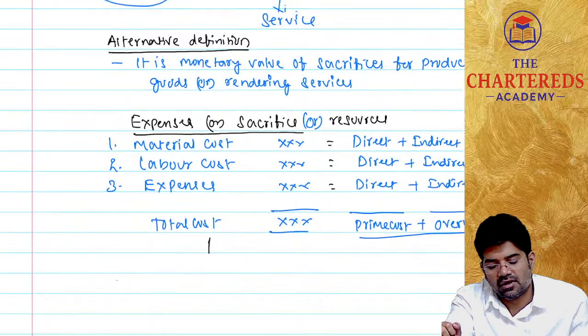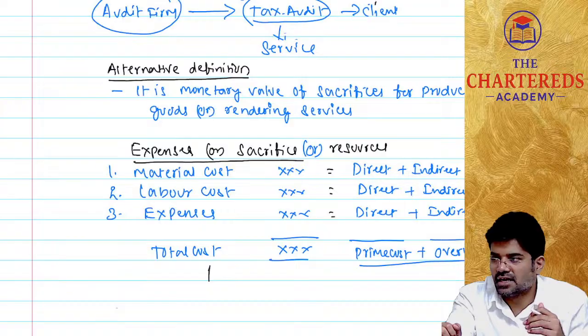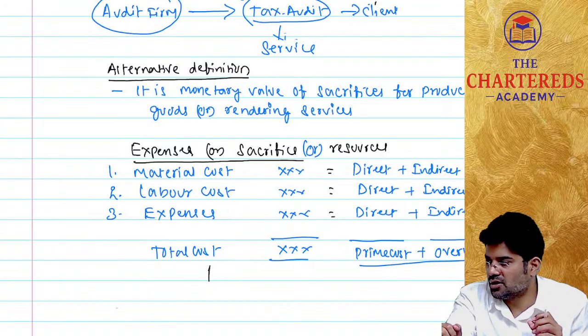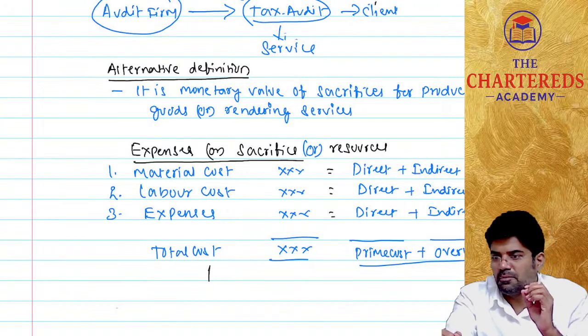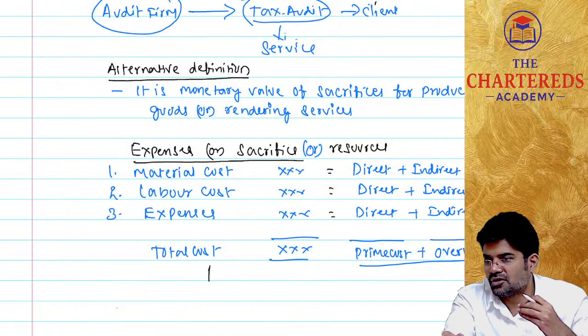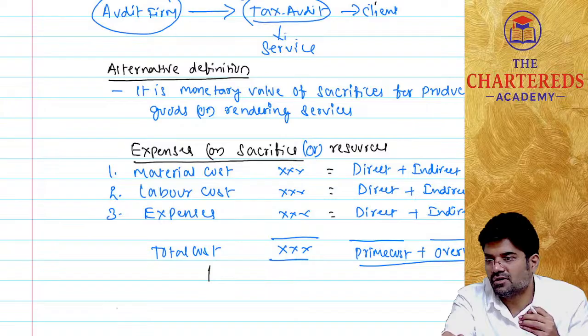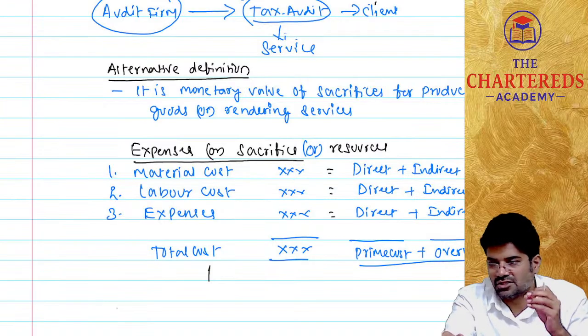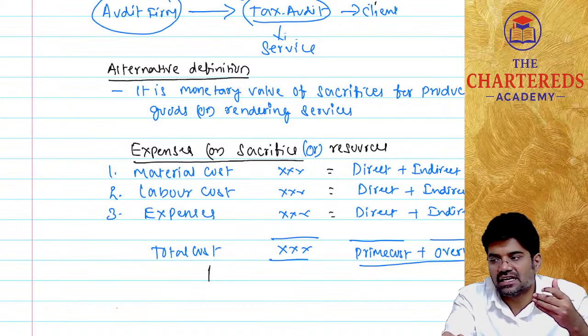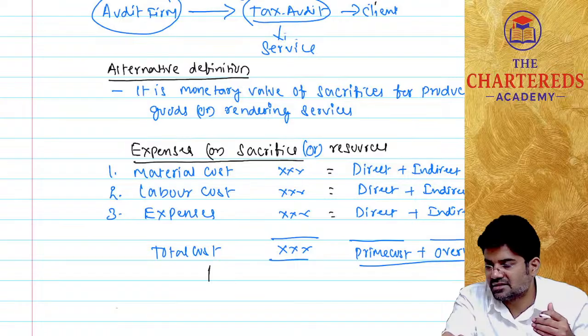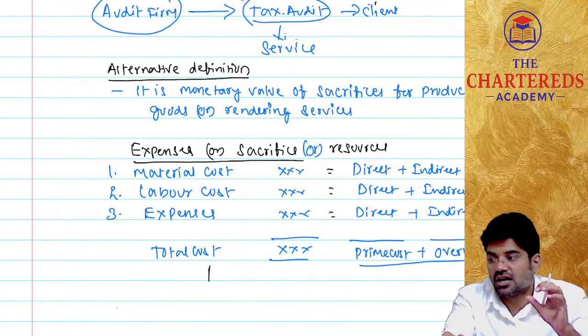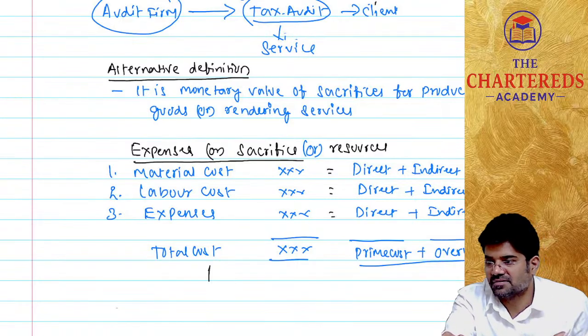Now, yesterday one important aspect I told you is the main purpose of costing. Why do we calculate cost? The main purpose is not to fix the selling price. That is not the first objective. The basic reason why costing has originated is for the purpose of cost control or cost reduction.